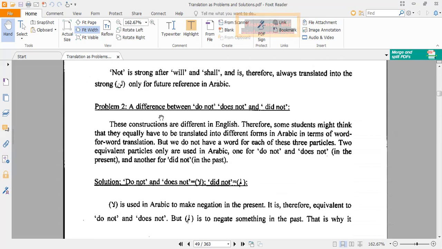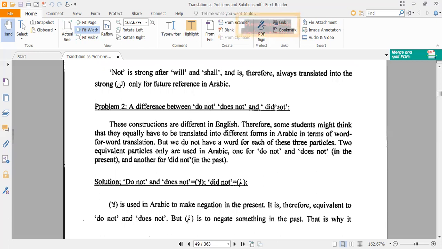Okay. Now, the second problem is the difference between don't, doesn't, and didn't. Actually, as we know, don't and doesn't are used to negate the present simple. Doesn't is used to negate the singular present simple, while don't is used to negate the present simple when the subject is plural.